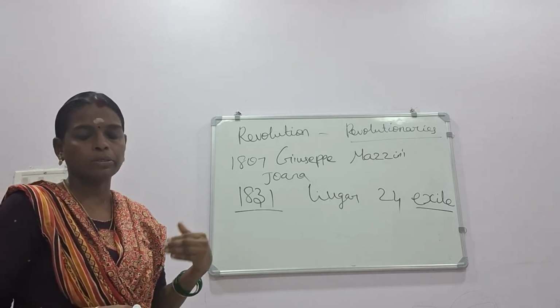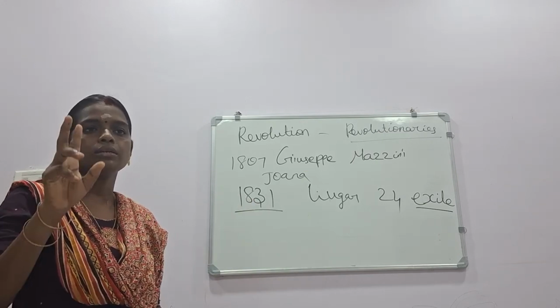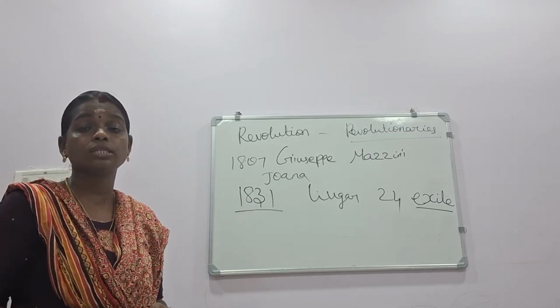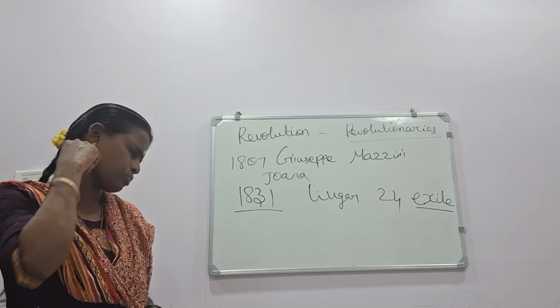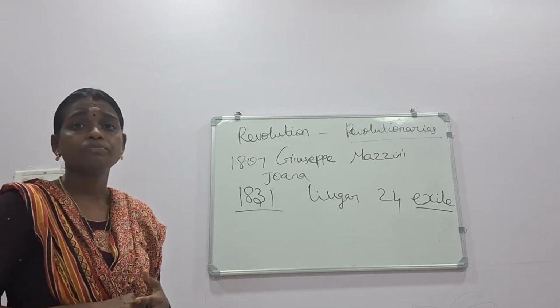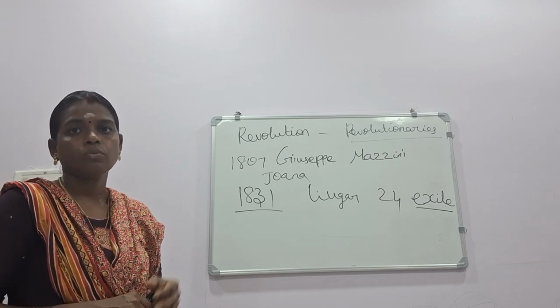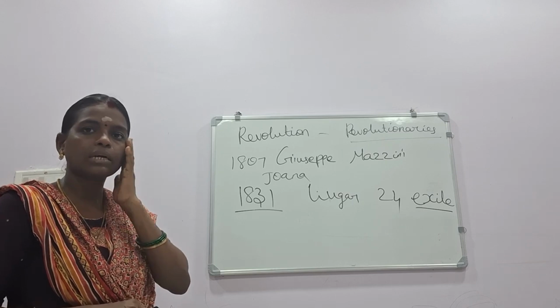Now I'm going to let you know he himself started two organizations, two secret societies or secret agencies. One was Young Italy. Another one was Young Europe.